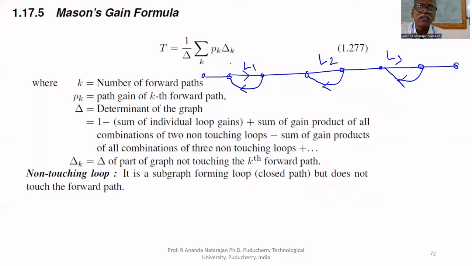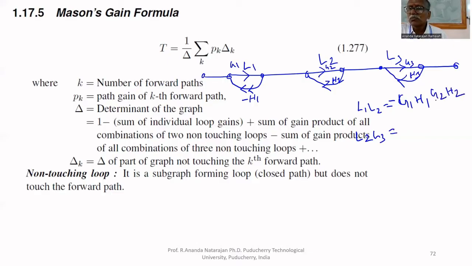Suppose the gains of the loops are G1 H1, G2 H2, and G3 H3, each with a negative sign. For the second term, L1 L2 equals G1 H1 G2 H2, positive, because both are negative. L2 L3 gives G2 G3 H2 H3, positive.